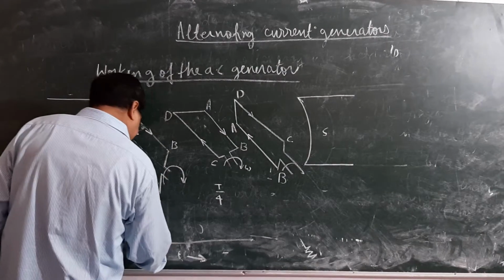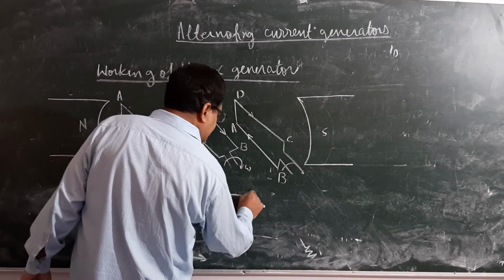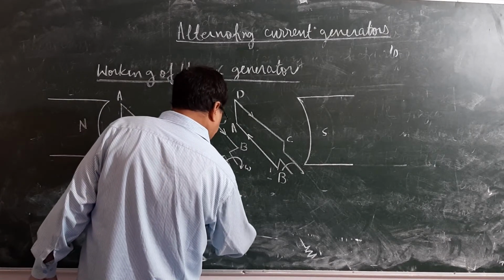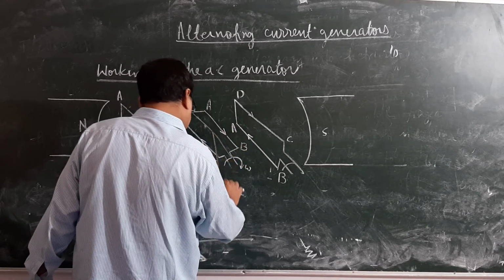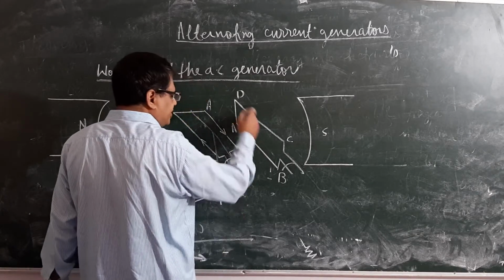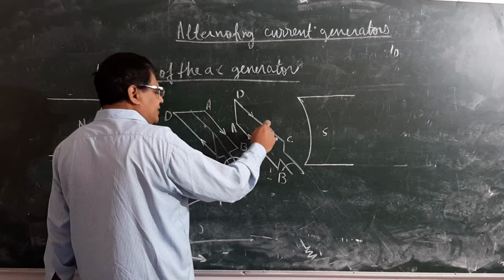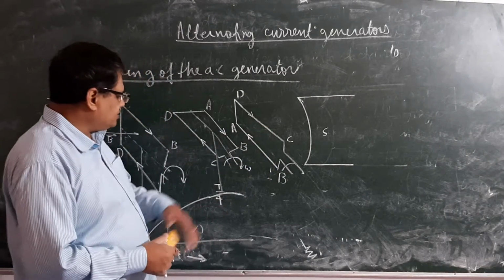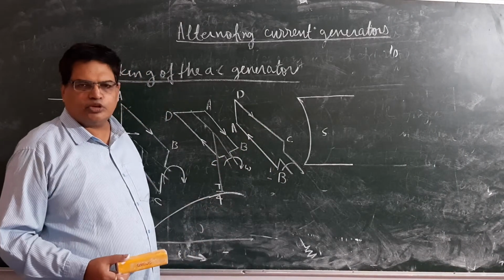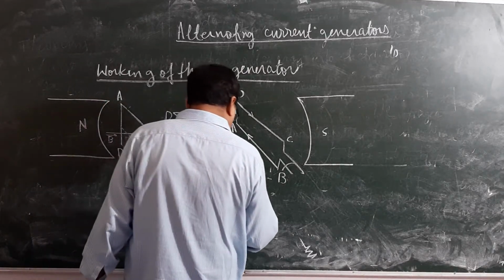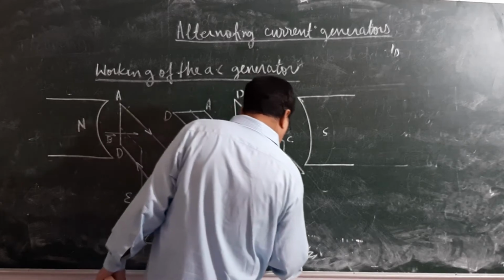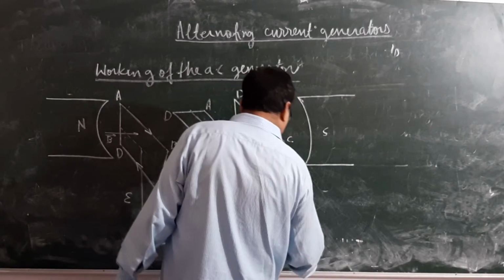So here in this case, you will get maximum EMF in this position. Once again, when it becomes vertical, again the ends AB and CD, both, they will cut minimum flux. So once again the EMF will be equal to 0.